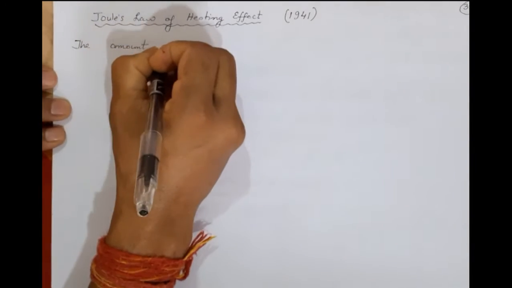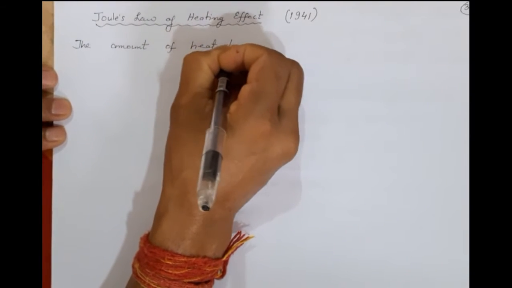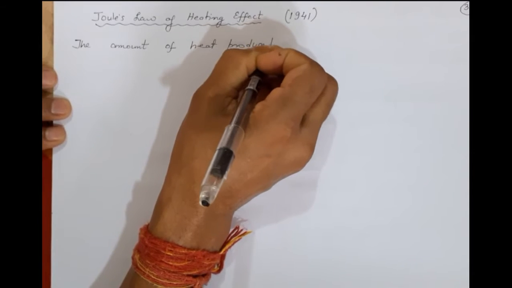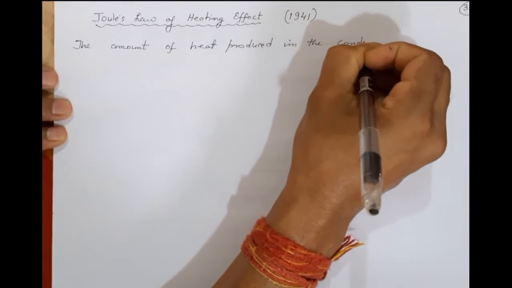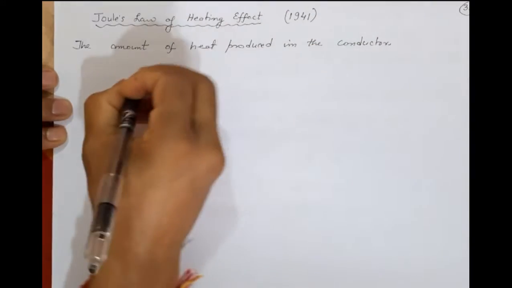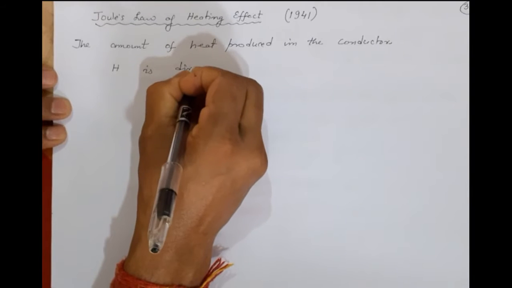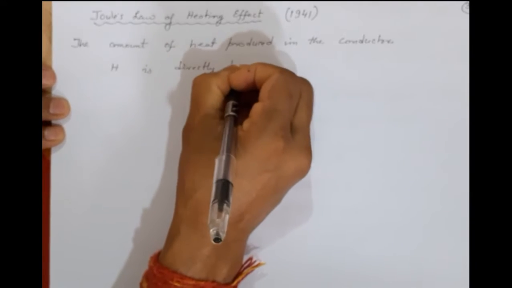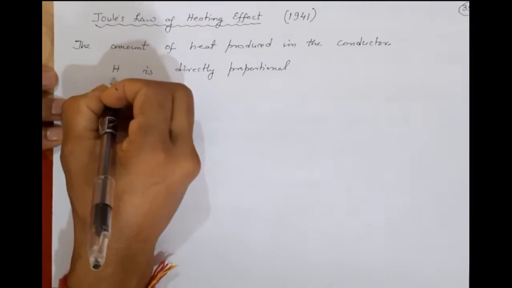amount, meaning quantity, of heat produced in the conductor, H, is directly proportional. Directly proportional means it depends directly: if it is more, it has to be more.